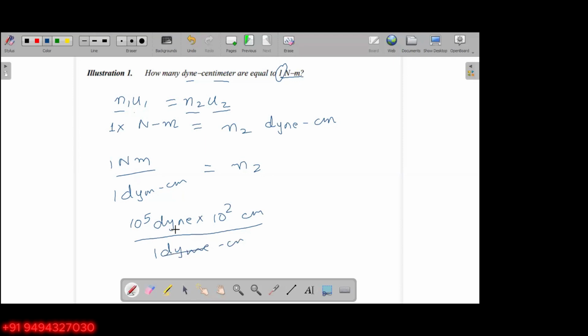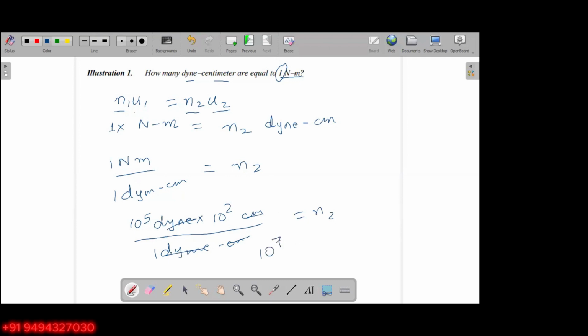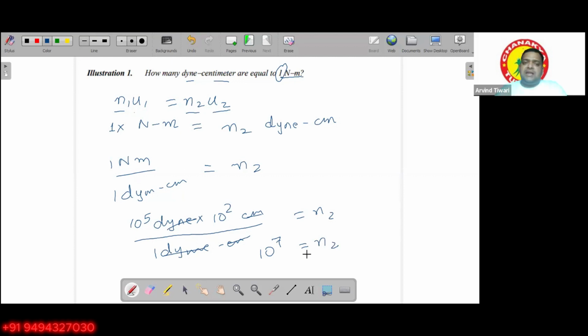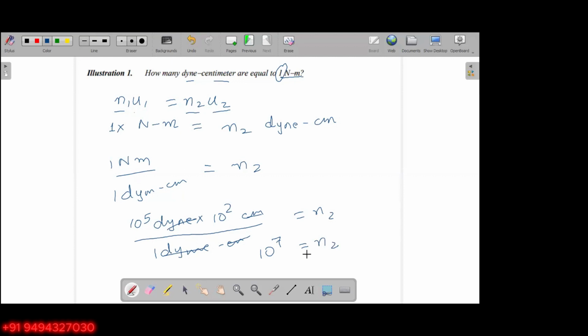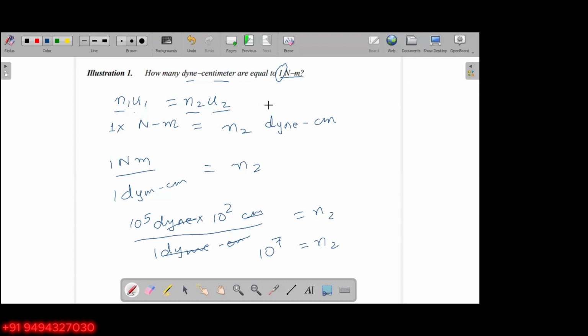So dyne centimeter gets cancelled, and you have the value of N2 as 10 to the power 7. So in 1 Newton meter, there are 10 to the power 7 dyne centimeter. Agree everyone? Yes, sir. Okay.